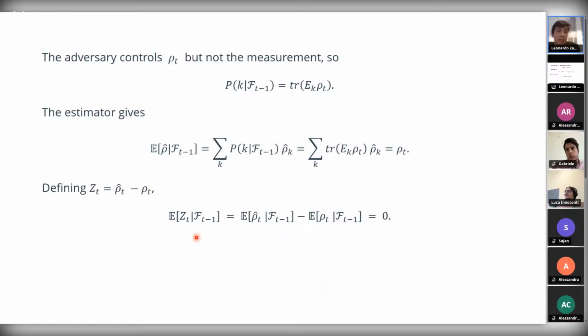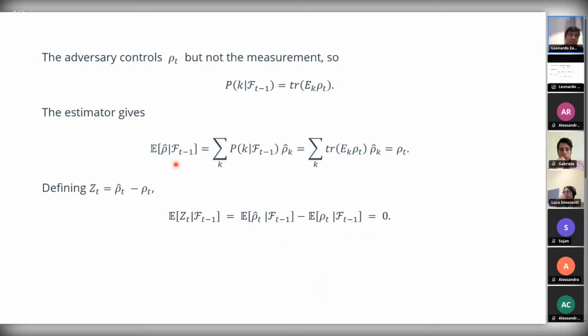Because they cannot predict the future. So this property is a bit like a random walk, in the sense that these errors behave a bit like a random walk. In a random walk, the position at some step depends on the previous step, but the expected increments are zero. So if I am in position X, on average, in the next step, I will be in the same position.